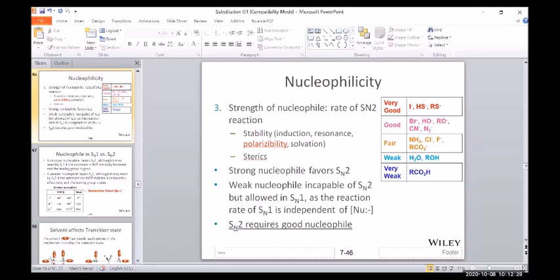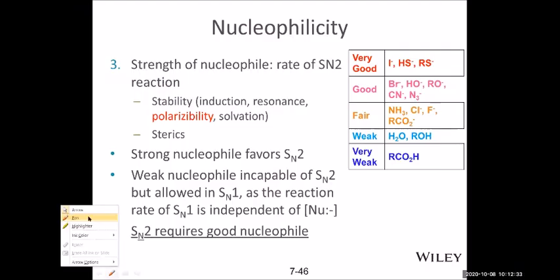So these are the good nucleophiles. And the RS minus, alkyl sulfide, so it's a sulfur-based anion.